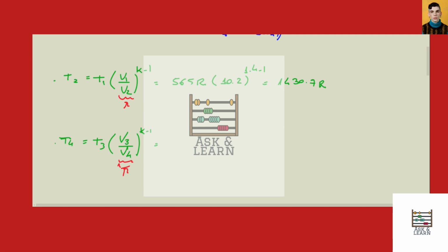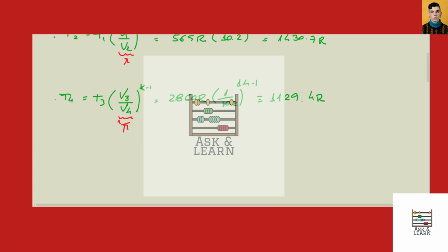Therefore, we have 2860 R that multiplies 1 divided by 10.2, to the power of 1.4 minus 1. Therefore, this is equal to 1129.4 R.